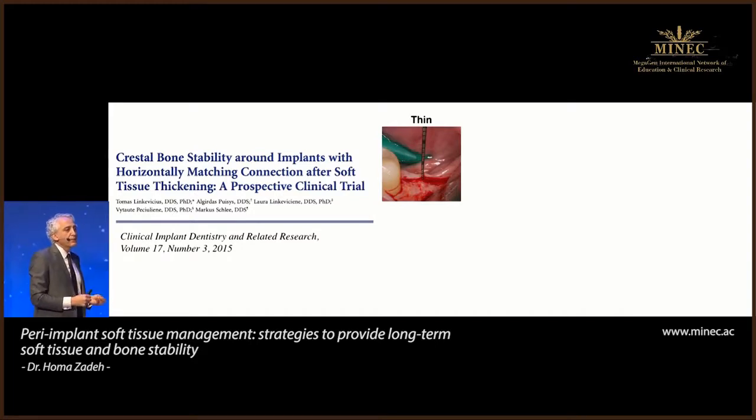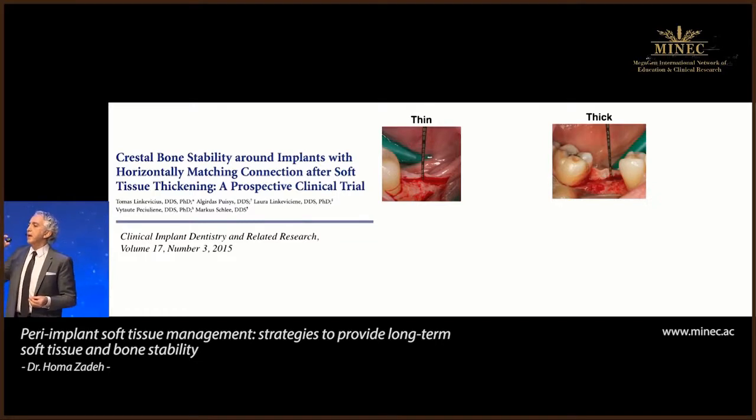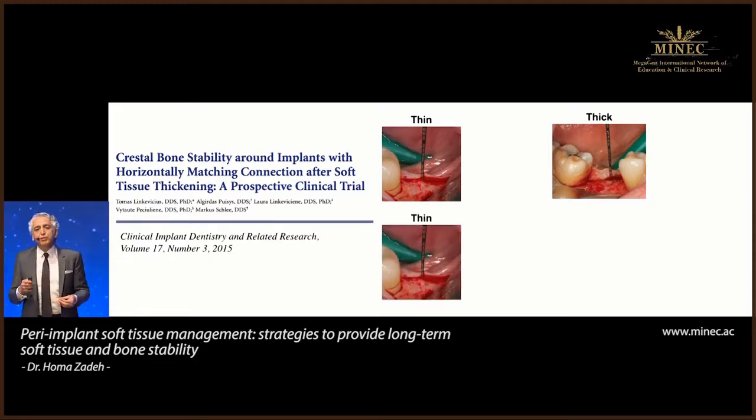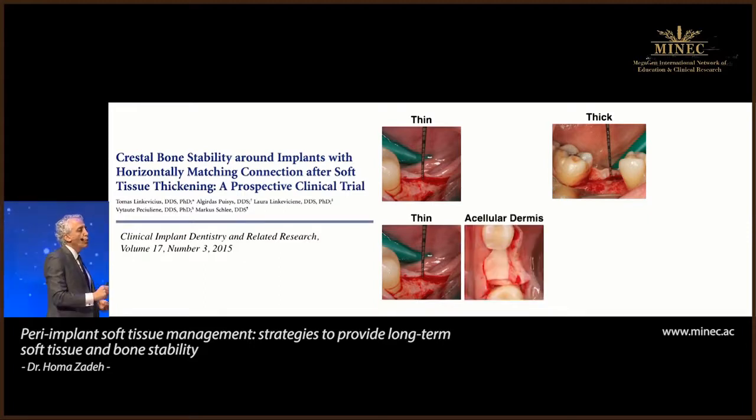This is the study by Thoma and colleagues, where they showed that in patients who had thin mucosa, they compared those to patients who had thick mucosa. And then what they did, they took those patients who had a very thin mucosa, and they did soft tissue augmentation, but they did the augmentation with an allograft.